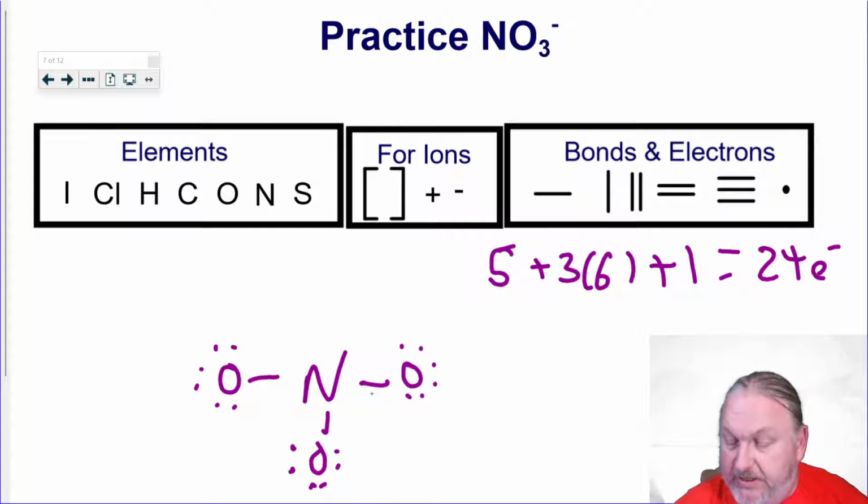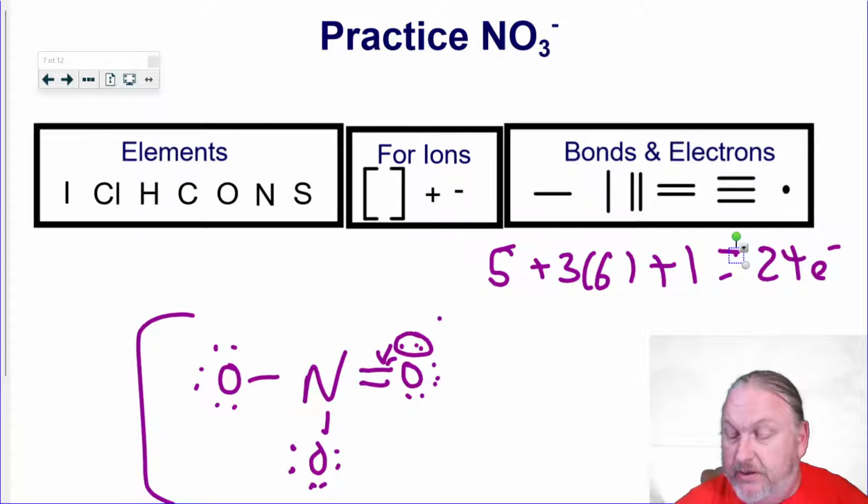Now we're going to see how many electrons we have. 2, 4, 6, 8, 10, 12, 14, 16, 18, 20, 22, 24. Ooh, we've already used our electrons, so now we're going to have to take one of those pairs and put it down there. Now, which one do we use?